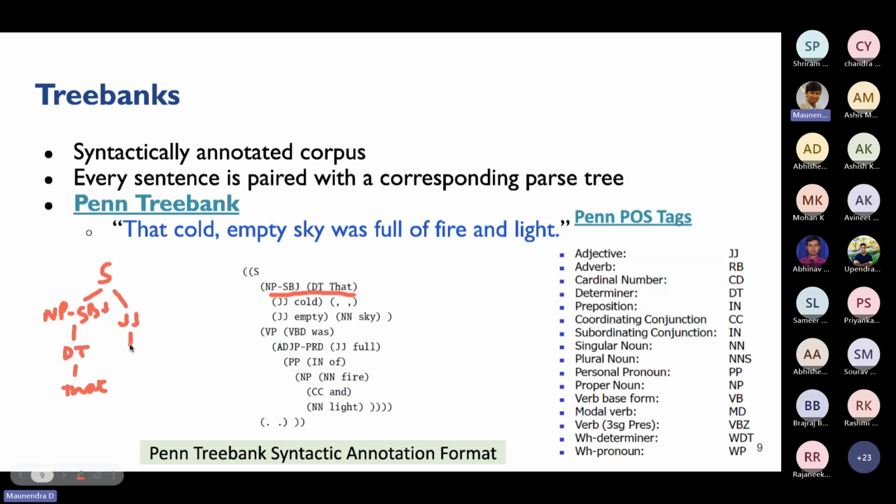So JJ is giving rise to this terminal called cold. After that we have comma. Comma is also retained as a separate tag here. This is the first thing inside the bracket, so we'll attach it to the expansion that we are currently doing. This comma is giving rise to a comma. Then we have NN sky.